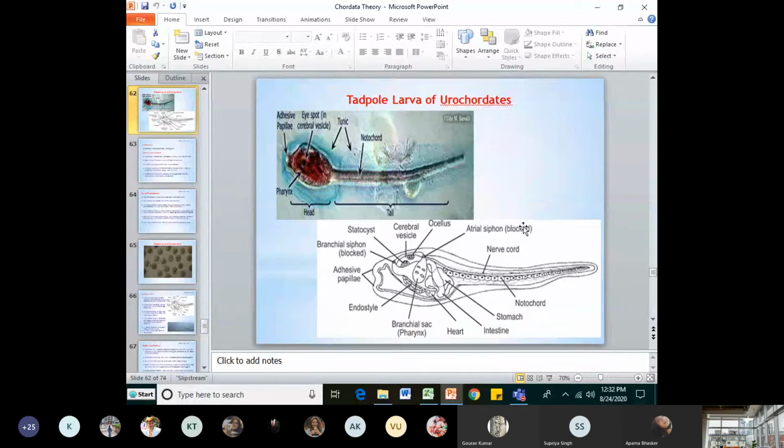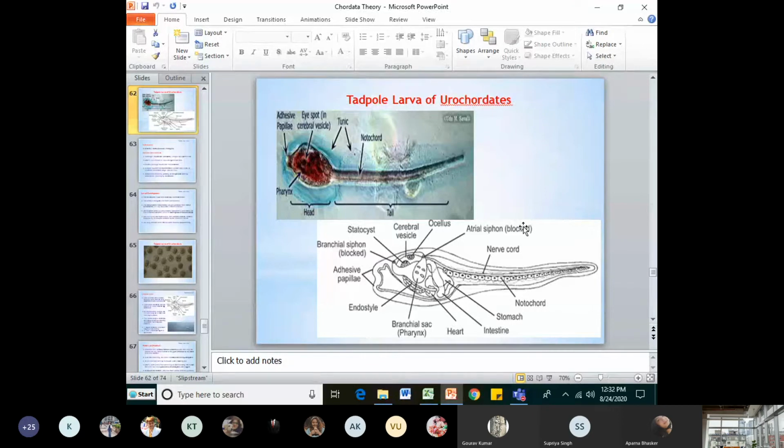Now coming to the second larval form of protochordates, which is the larval form of urochordates, and the larva is called the tadpole larva. And why is it called tadpole larva? We must remember when we discussed the Tornaria larva, Tornaria means rotating wheels, because they rotate their cilia on the ciliary band in that way, so that is why they got that name.